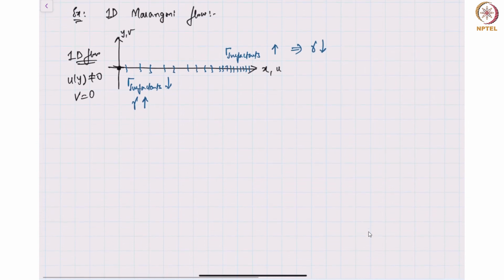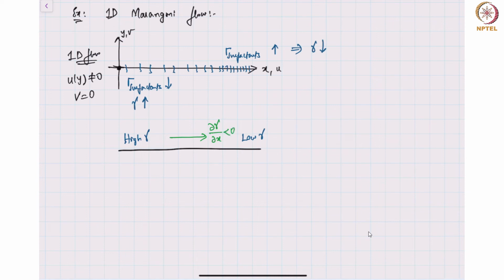So now I have an interface where I have a low gamma and a high gamma. And therefore I immediately have del gamma by del x non-zero, or more importantly, it is less than 0.